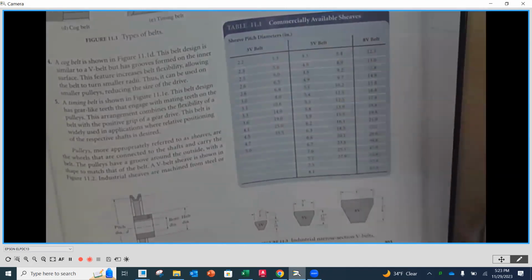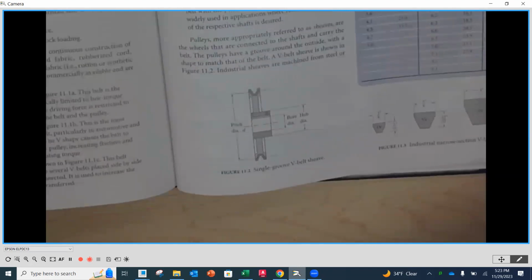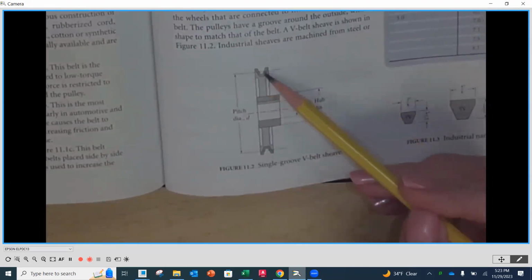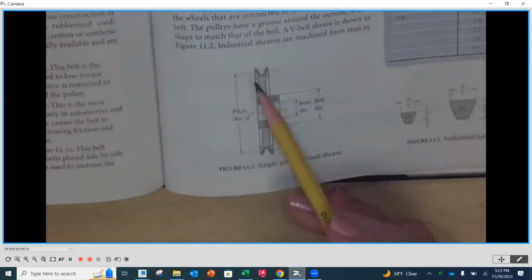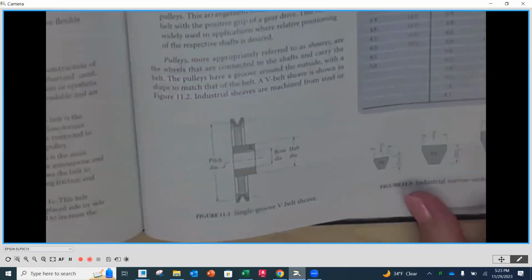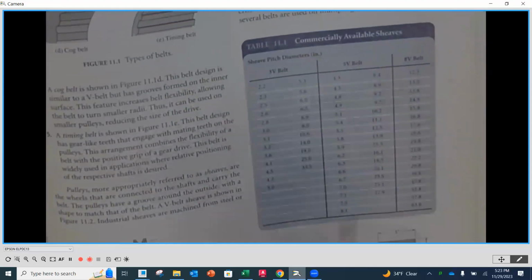Now, the pitch diameter is going to be identified, and we'll see it here on this sheave in figure 11.2. It's kind of like the middle point on that V shape of our pulley. When manufacturers create their pulleys or their sheaves, they are going to be standard sizes based on the size of the belt that we have here.